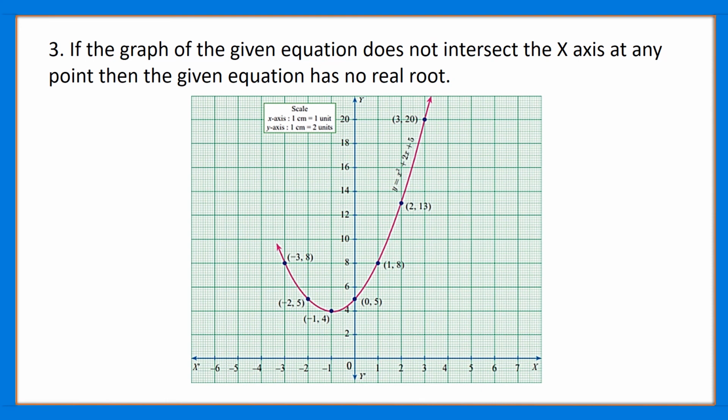The second thing is, if the graph intersects the x-axis at only one point, then the equation has two roots and they are equal. Finally, if the graph does not intersect the x-axis at any point, then the given quadratic equation has no real roots. And this is the way of finding the nature of the roots graphically.